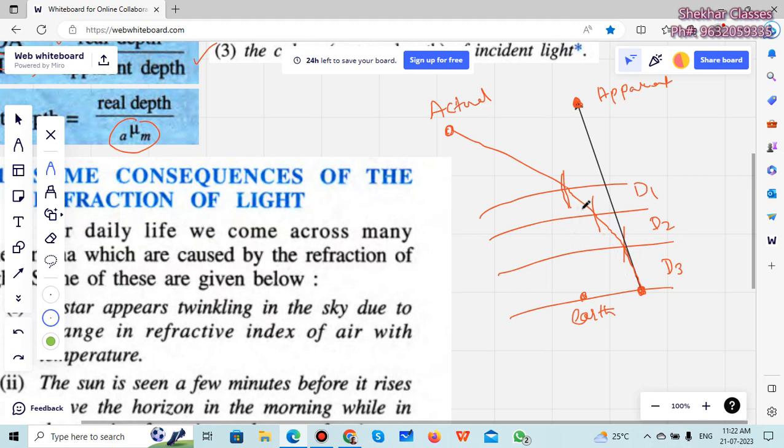So if the density is changing, sometimes this becomes more dense, right, and this becomes very highly dense, or this may become less dense, and this becomes further less dense. So if they become less dense, then the apparent position of that star will not be here, it will look somewhere here. Sometimes it will look here, sometimes here, sometimes like that, right?